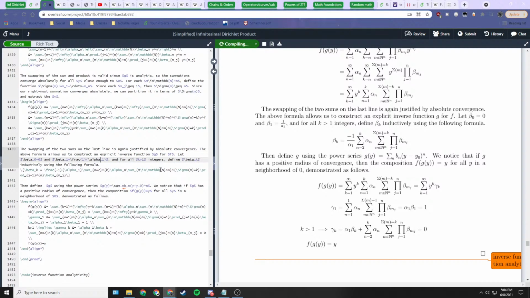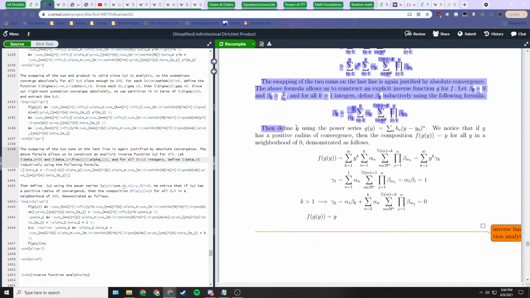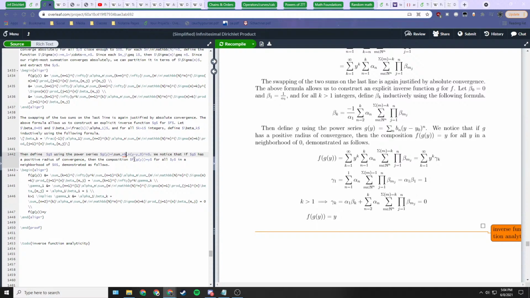And for all integers k greater than 1, we define beta sub k inductively using this definition. And then we just define g using beta as the coefficients.